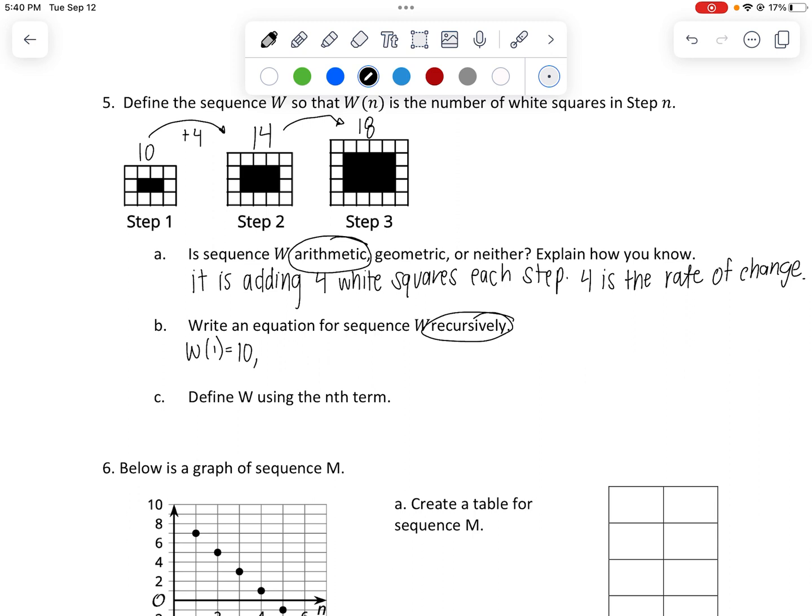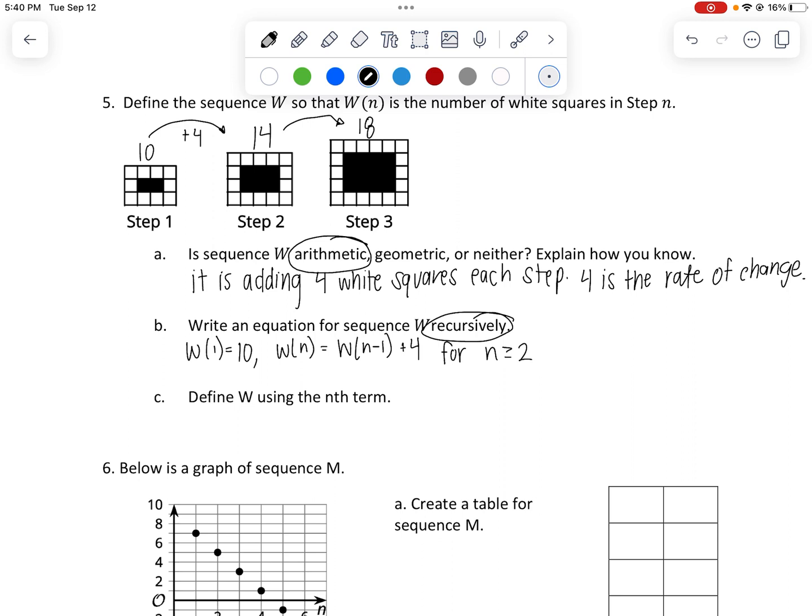That tells us starting at 10 squares with step 1, we know that each new value is going to be the value from before. So that W of n minus 1. And we're going to add 4 squares to each value from before. And we're going to do this starting with step 2, because we already know what step 1 is.